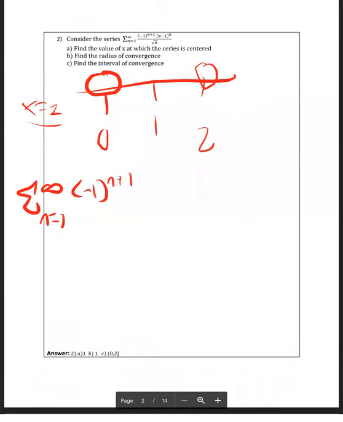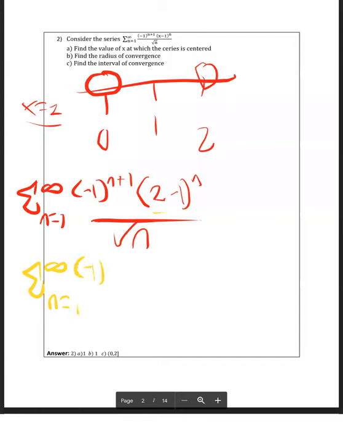Remember, you're plugging in x's, not n's. So it's 2 minus 1 to the n. And Julia, please stop me if I lose you. Okay, so I plugged in the x right here, and you're left with -1 to the n plus 1 times 1 to the n over the square root of n. 1 to the n, think about it: for every n you plug in, you get 1, so we don't even need it.